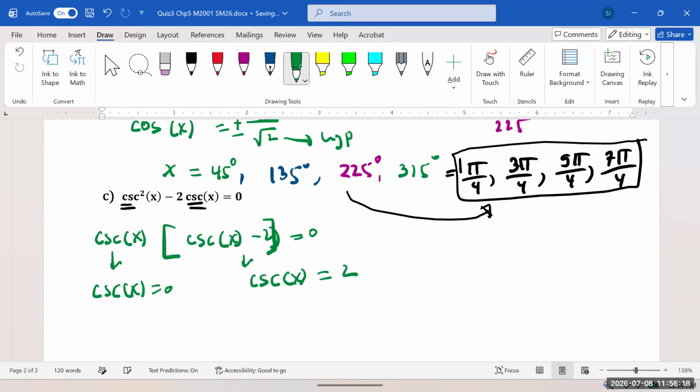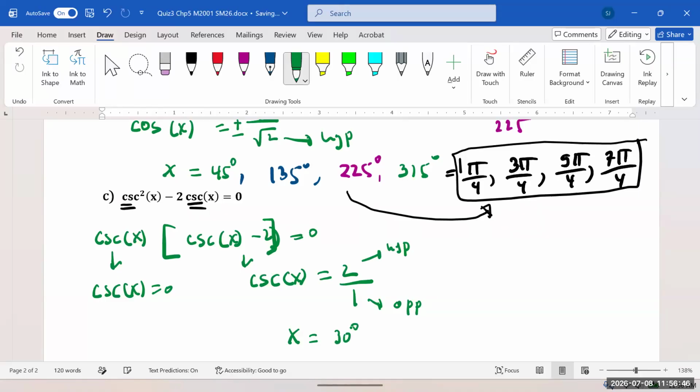And then you have 2 ways of doing it. Either convert this cosecant into sine, or just keep the cosecant. If you keep the cosecant, this one is simple. We have hypotenuse over what? Opposite. So do we have a triangle that has hypotenuse 2? Which triangle? 30, 60, 90. And which angle has opposite 1? 30 degrees.